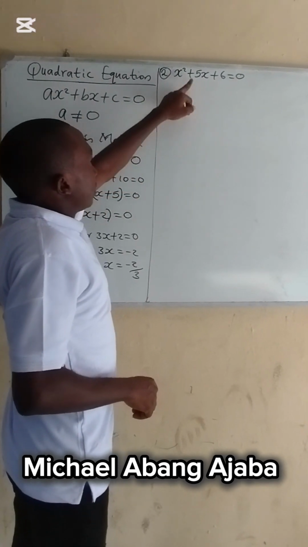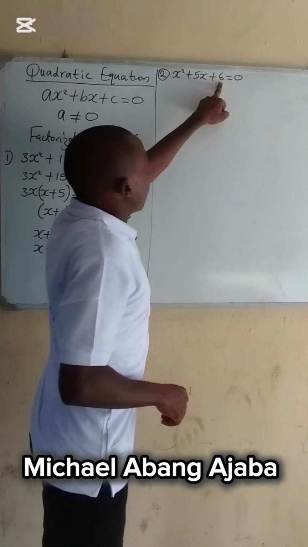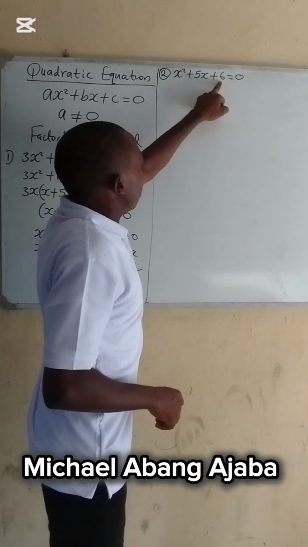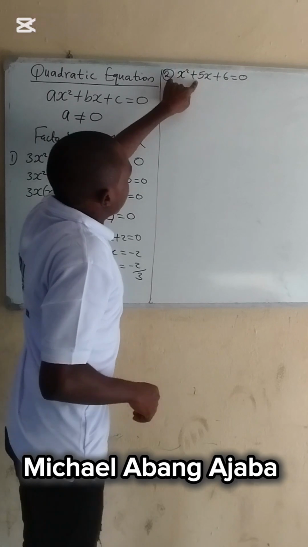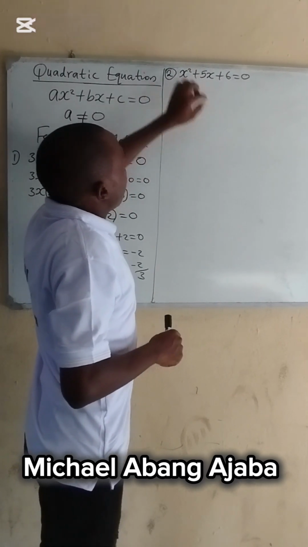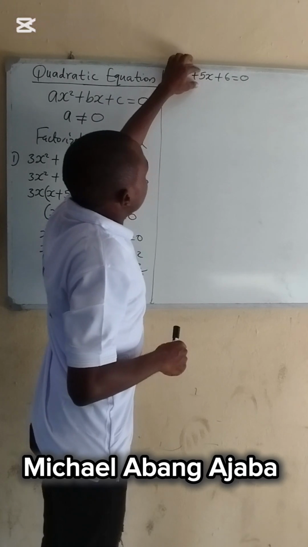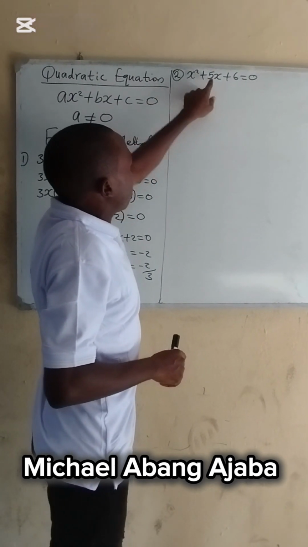Now what will determine if they will be positive or negative is this. We have already said the two numbers will all be positive or they will all be negative. If this, in addition to this being positive, is positive, then the two numbers are all going to be positive. But if this is negative, the two numbers are all going to be negative.